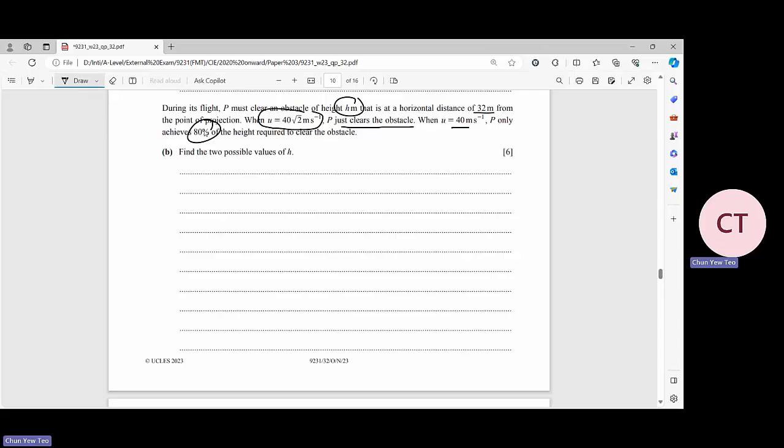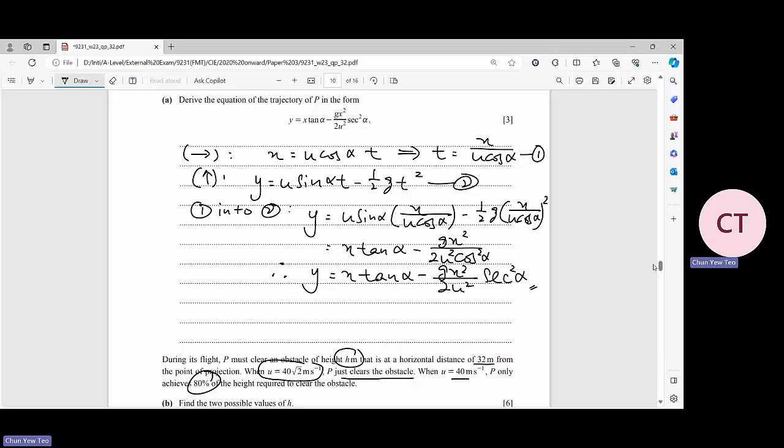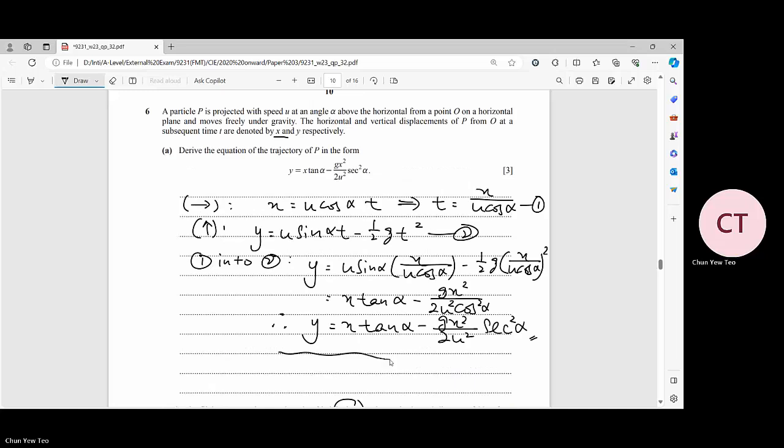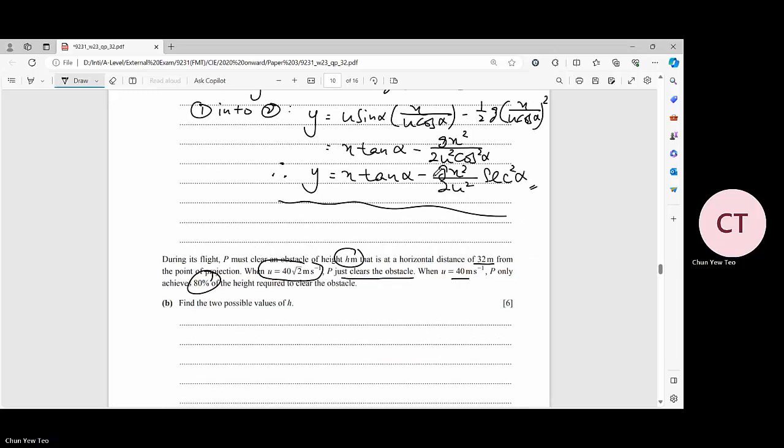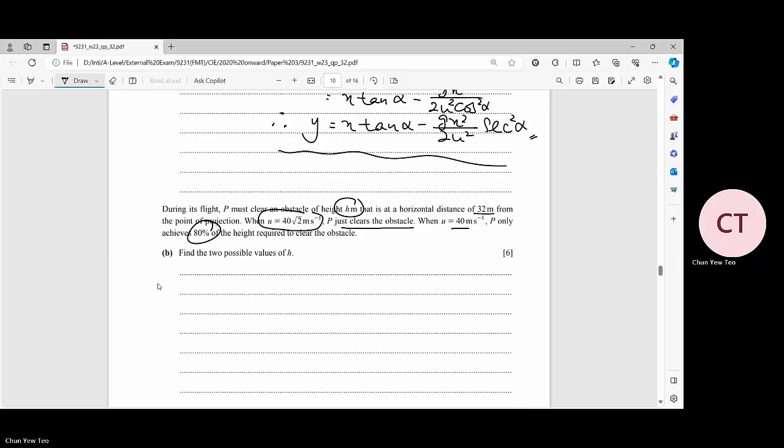Find the two possible values of h. First of all, we use the result that we have found just now. When u is equal to 40 root 2, my x is equal to 32, my y is equal to h. That is the first statement.